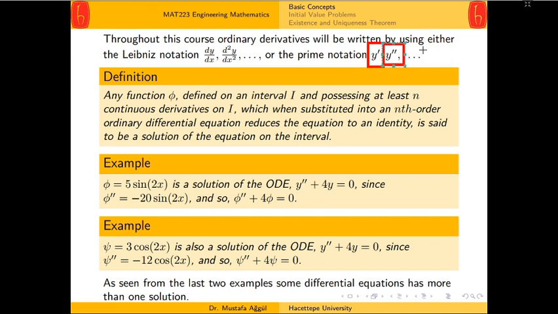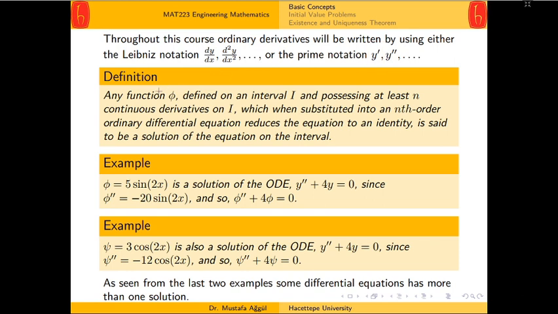After the fourth derivative, we'll see in parentheses 4, in parentheses 5, and so on. So in general the nth derivative, if n is greater than 4, we'll see y to the power in parentheses n. This will give us the nth derivative.